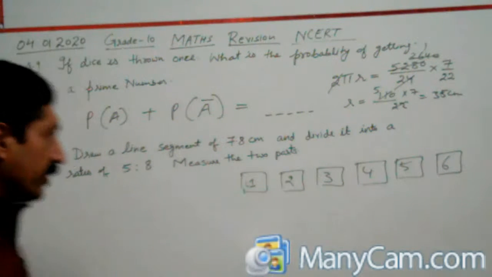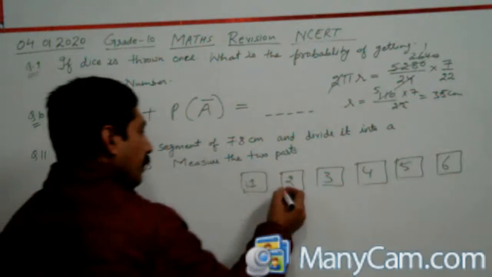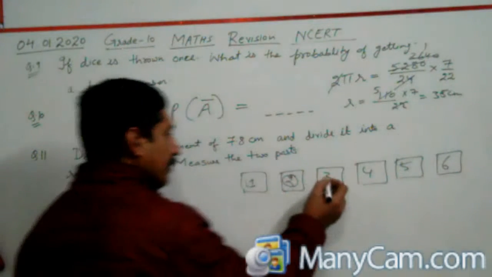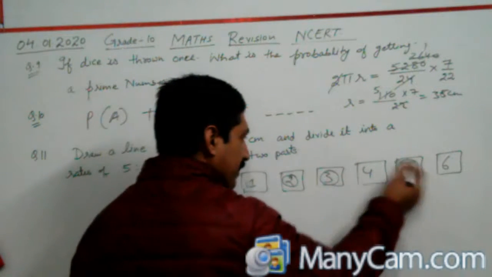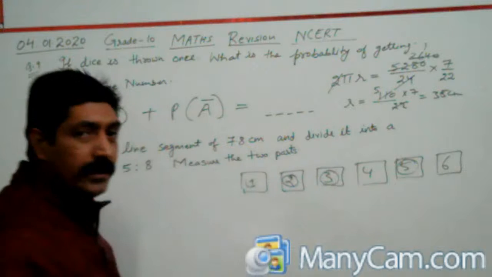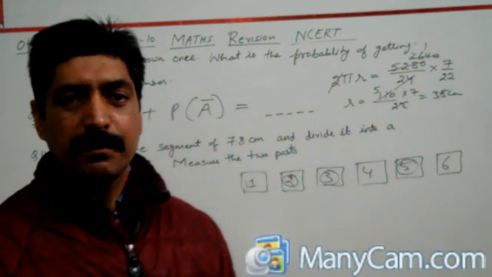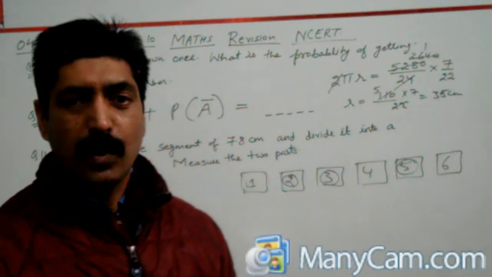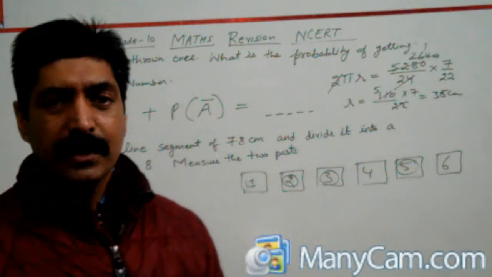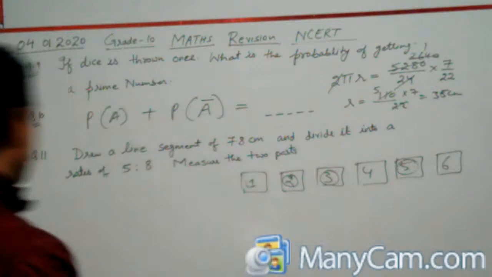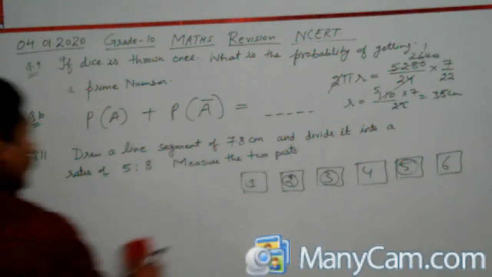Here very important thing, prime numbers: 2 is prime, 3 is prime and 5 is prime. 1 is neither a prime number nor a composite number. Please remember, 1 is neither prime nor composite.